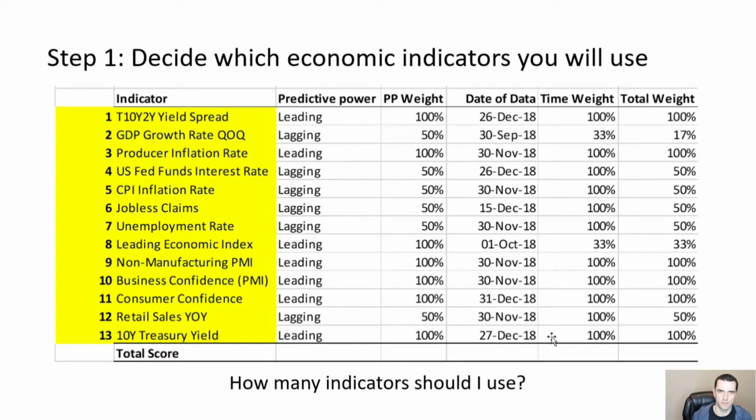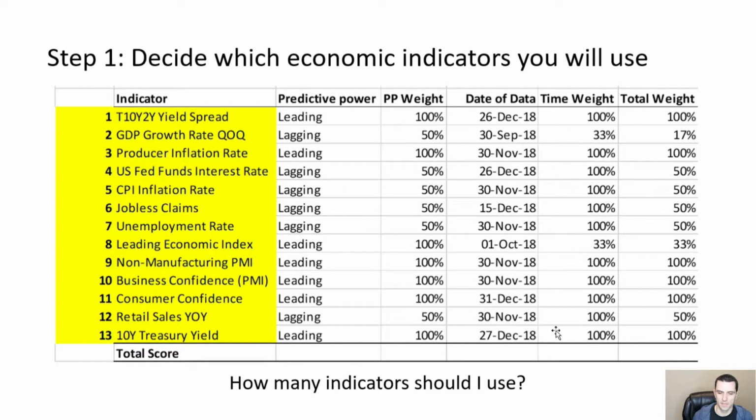It takes a lot of effort to get the information. It takes me probably about an hour to update 13 indicators, which isn't too much time, but when you get into, say, 20, 30, 40, 50, 100, 200 indicators, which you could easily do, you really need a lot more computing power and quite a bit of programming in order to sift through and make sense of all that data.